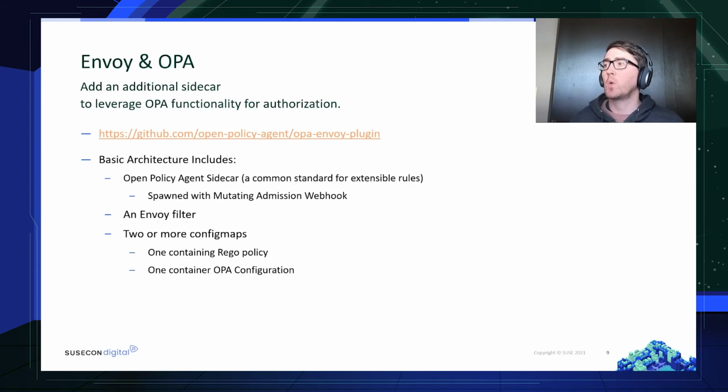And then it's going to have two or more config maps, one of which contains the Rego policy, and one of which contains the OPA configuration so that the sidecar knows what to do with the incoming requests.